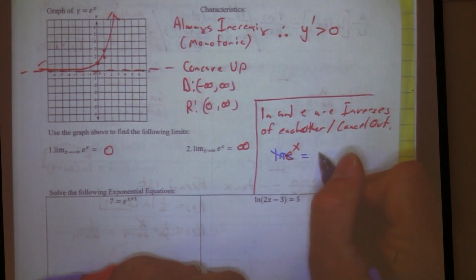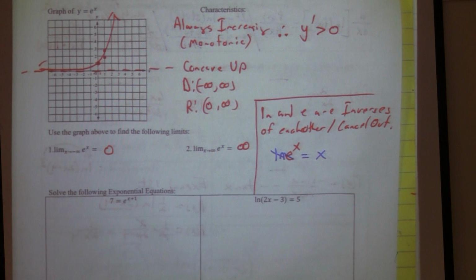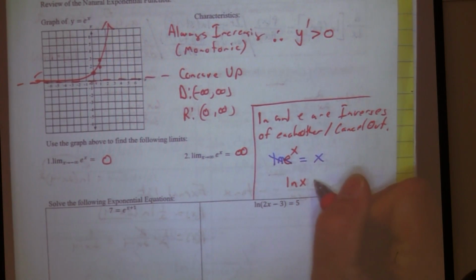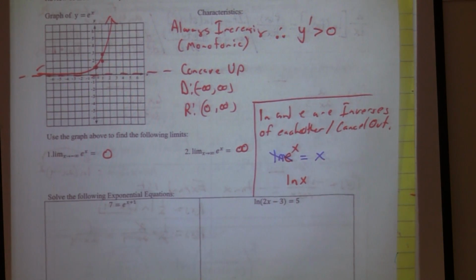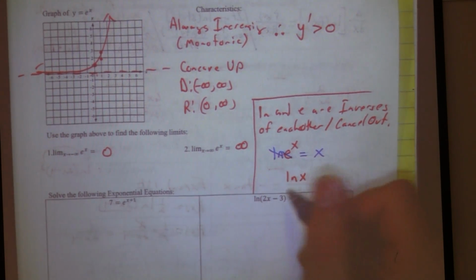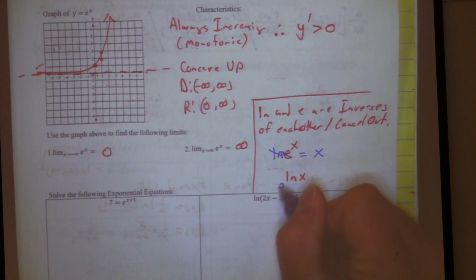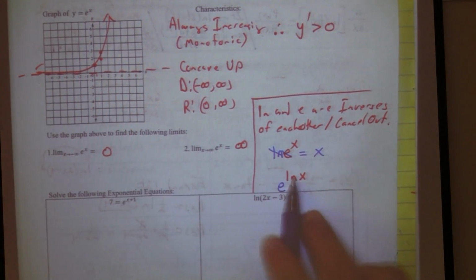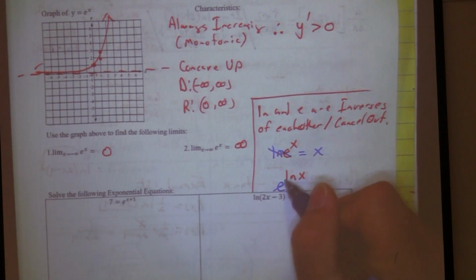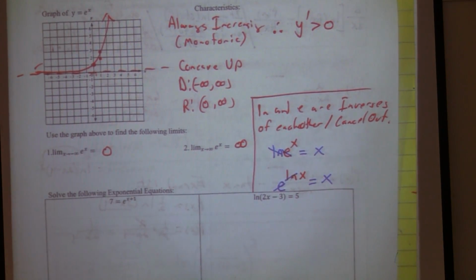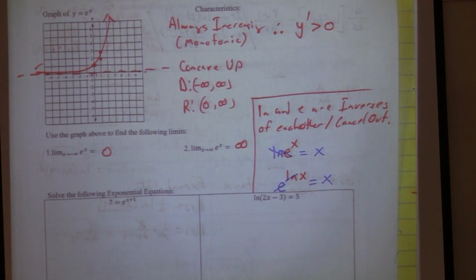That would cancel out and we would just be left with x. Or if I had ln of x and I wanted to cancel out ln, I would do a process called exponentiating. So I would basically make that the power of e. I would say e to that power, and then those two would cancel out and we would simply be left with x. Understand?